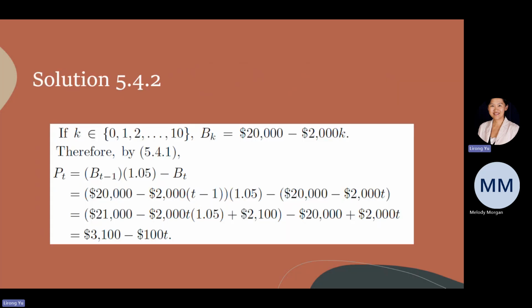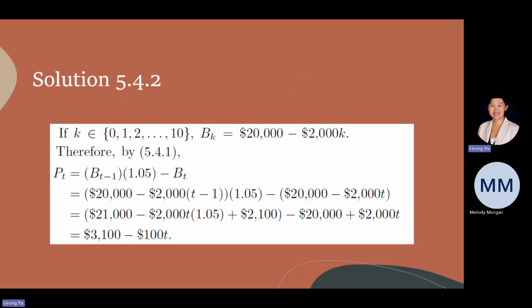So in this question, BK is the balance. The balance at every time K is 20,000 minus 2,000 K. So we have a formula for BT minus 1. We also have a formula for BT.